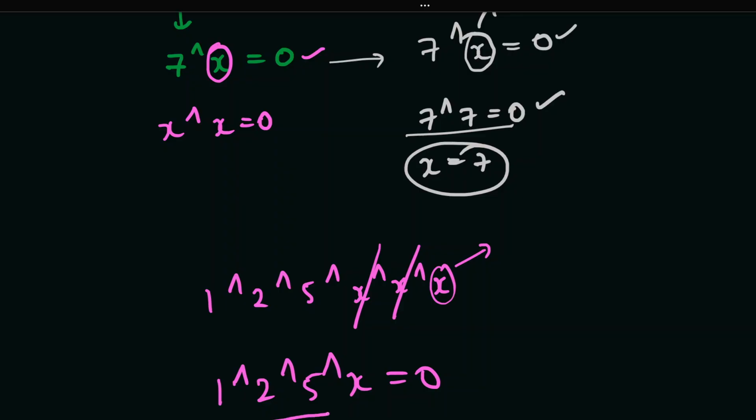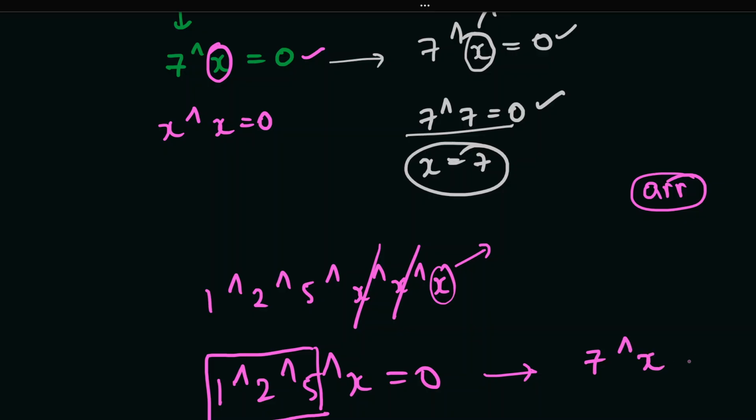Then I calculated what I know, which is the XOR of the array, and that makes it 7. And then XOR of x is 0. So we can just say that x is 7.